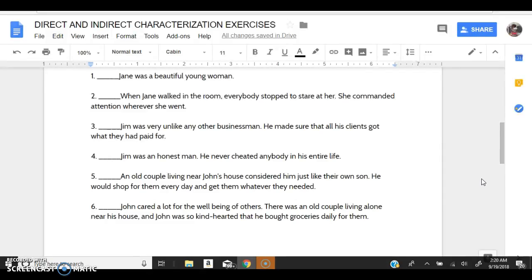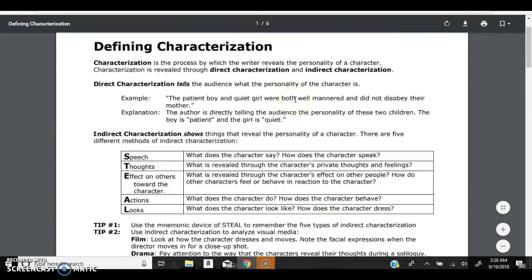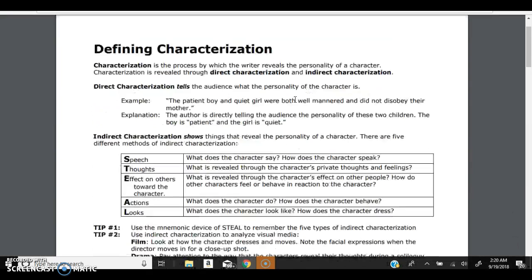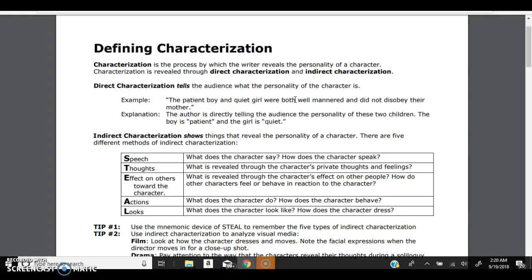Okay, so I'm glad we've had this mini lesson on characterization. So let's go back and remember. Characterization is a process by which writers reveal the heart or the personality of the characters in their stories or their plays. And they do it through one of 2 ways: direct characterization or indirect characterization.